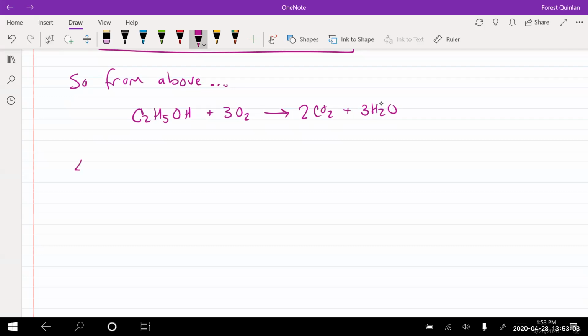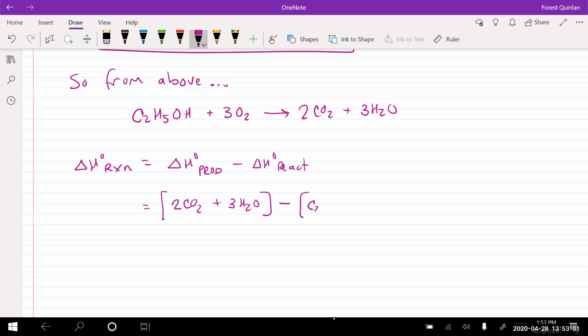If we said that the delta H naught of the reaction is equal to the delta H naught of the products minus the delta H naught of the reactants, well, let's just be very, very plain. That's 2 carbon dioxides and 3 waters minus the C2H5OH and the 3 oxygens. Right, there's the products and there's the reactants.